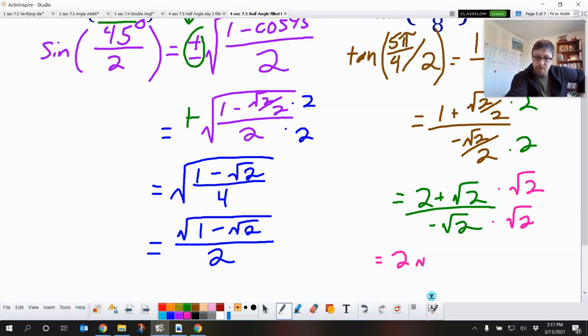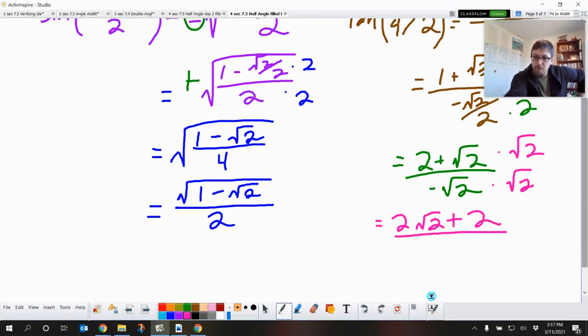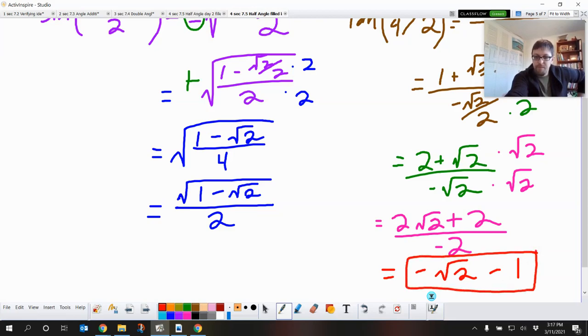So we get 2 square root of 2 plus the square root of 2 times the square root of 2, which is just 2, over negative 2. Ooh, I can divide that. We get negative square root of 2 minus 1. And there's our answer.